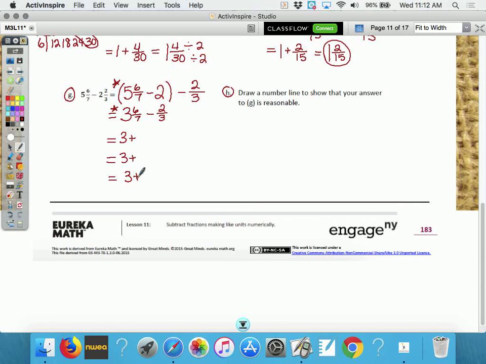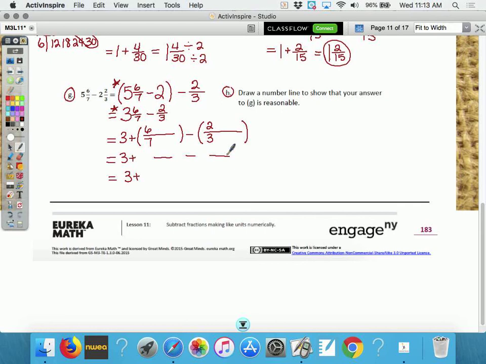Okay, so now get your parentheses. We'll find a common denominator. What 2 fractions are we subtracting now? Jesus, what 2 fractions are we subtracting? 6/7 minus 2/3.